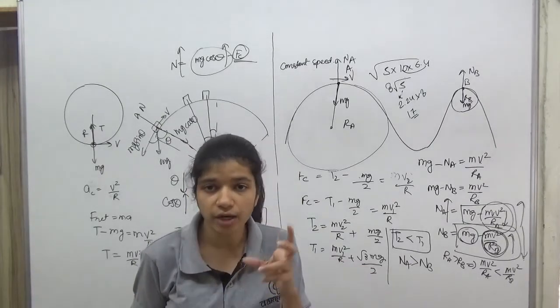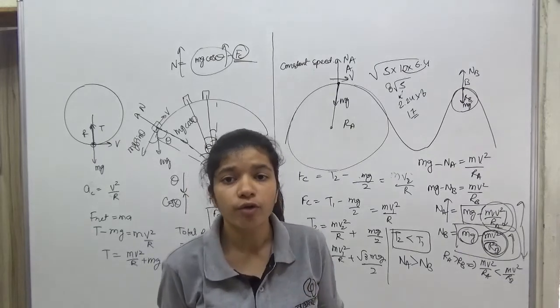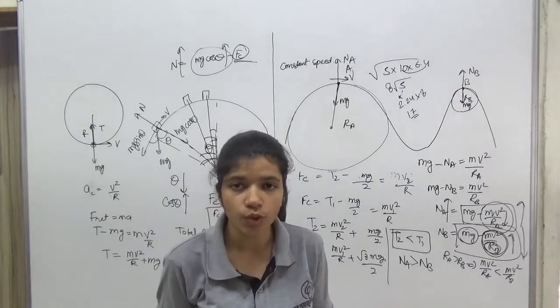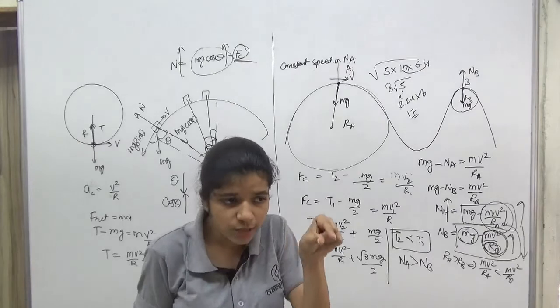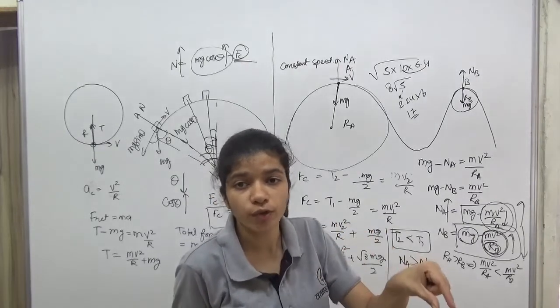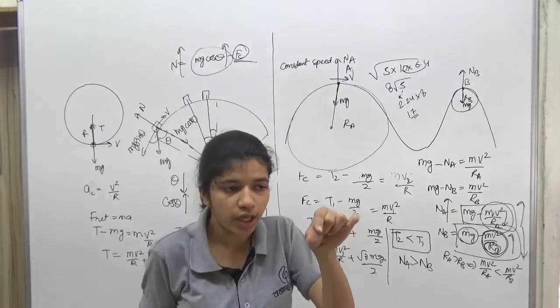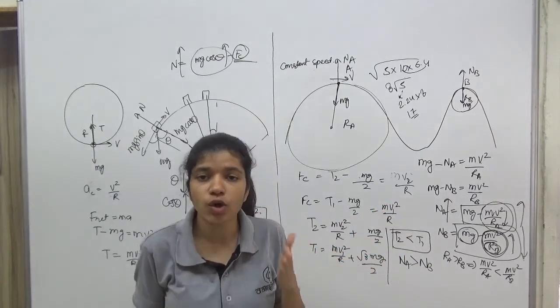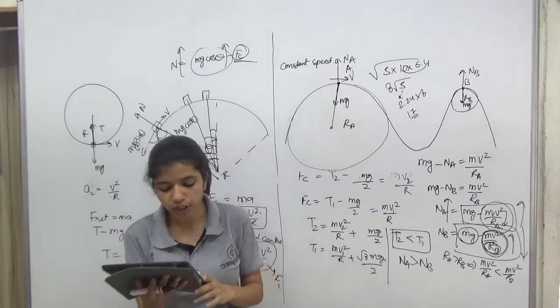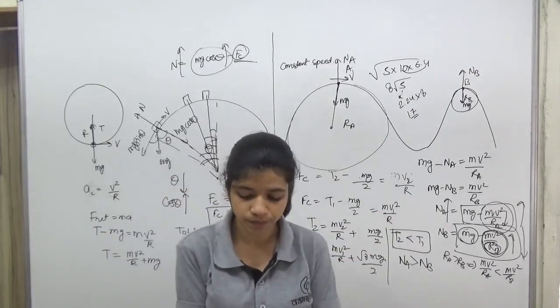So if F and V are perpendicular, what is the work done? Work done will be 0 because every small displacement is perpendicular to the force. अभी इस छोटे से इंस्टेंट में जो डिस्प्लेसमेंट करेगा, that is perpendicular to force, again perpendicular to force. So force is always perpendicular to the direction of motion. So work done will be 0.